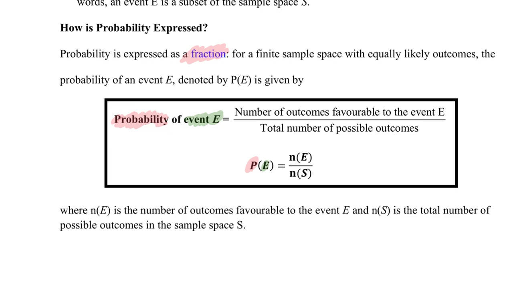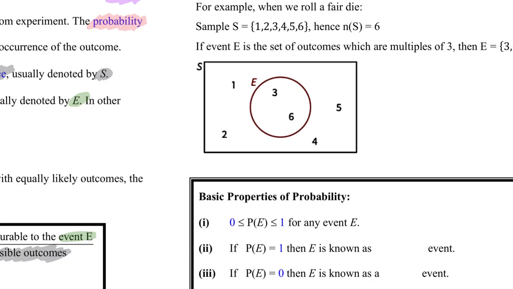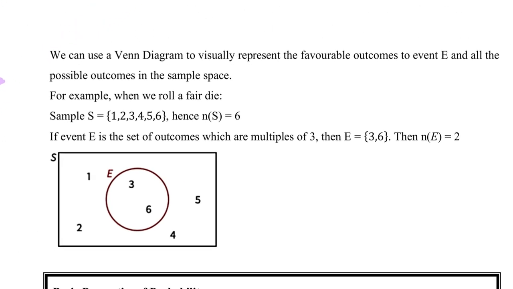Well, we could use the number of outcomes in event E over the total number of possible outcomes. That means the total is very important. Later we will be explaining using some examples. For those who are familiar with a Venn diagram, we can use it to visually represent all the outcomes of an event E and all the possible outcomes in the sample space.